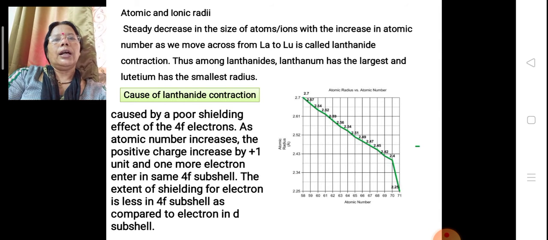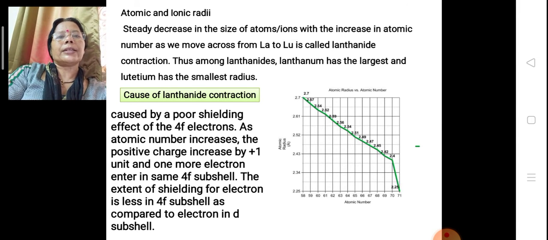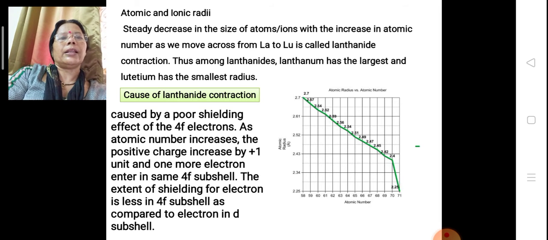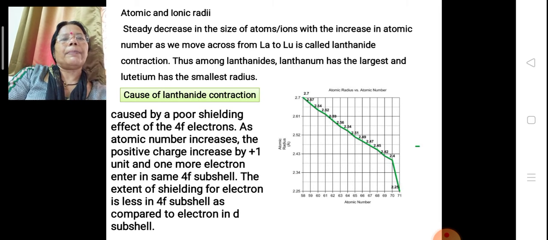As atomic number increases, the positive charge increases by +1 unit and one more electron enters the same subshell. The extent of shielding by an electron in the 4f subshell is less as compared to an electron in the d subshell, which is shown graphically on the right side of the slide. So this is about the atomic radius.